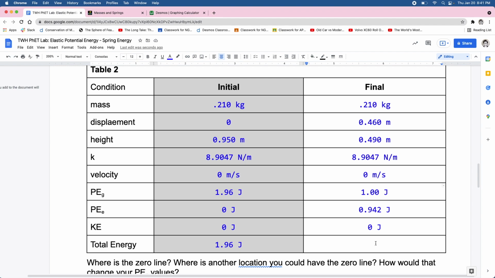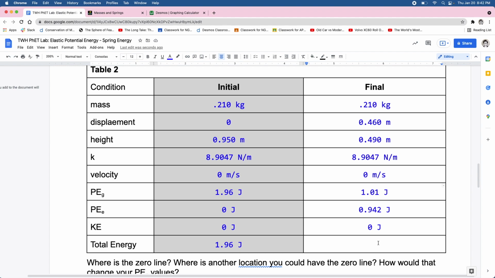But if I were to add them before rounding, this is what I would get: 1.009449, which rounds to 1.01. Yeah, that's what it should have been. Plus 0.9421176.